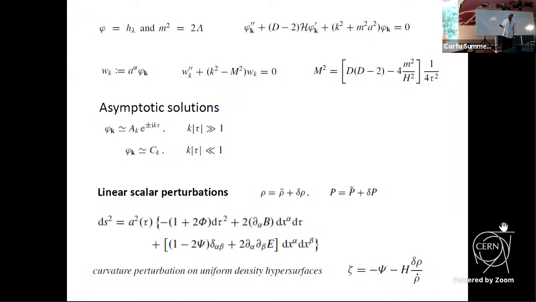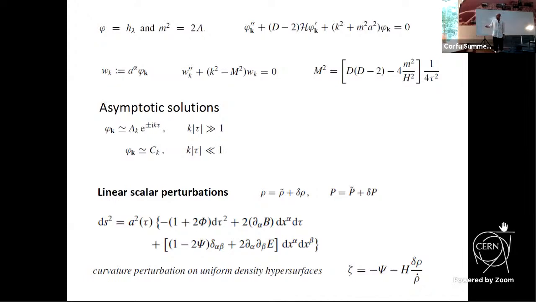These perturbations are generated by fluctuations of the matter content of the universe, so you also have a perturbation for energy density and pressure. I will not write down the equations of motion here, but eventually, if you combine these perturbations into a gauge invariant quantity, it is called zeta, the curvature perturbation on the uniform density hypersurfaces. There is no shortcut for this name, sorry. So you can memorize it once and then just call it zeta.